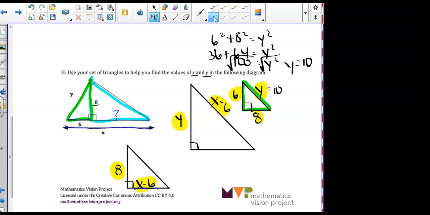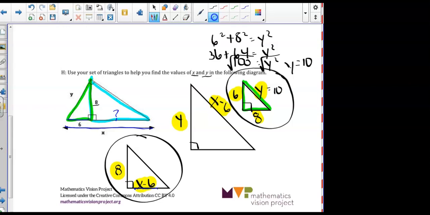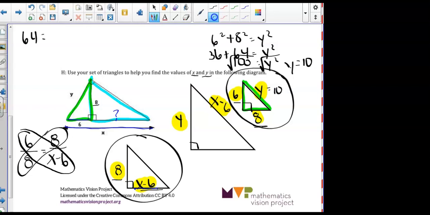Well, if I compare this triangle to this triangle, the question is, do I have corresponding sides? And I do. If I look at these two triangles, I can see that I do have 6 is to 8. Those are corresponding sides. So 6 is to 8 as 8 is to x minus 6. So we can write a proportion, and the next step will be to cross multiply. 8 times 8 is 64. 6 times the quantity x minus 6.